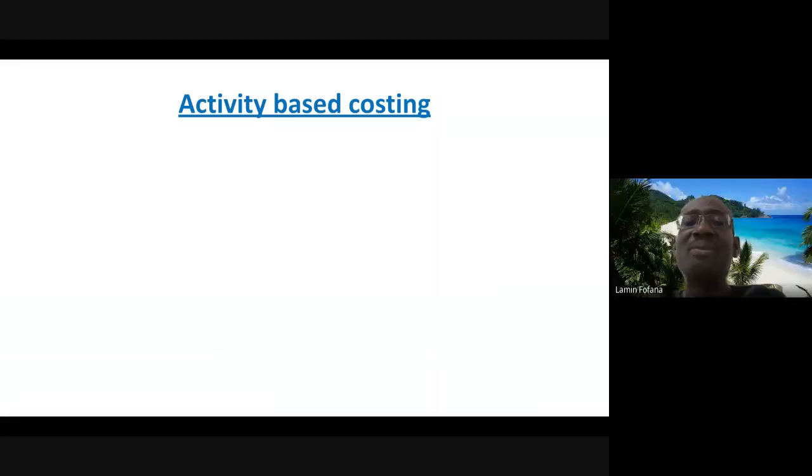Yes, Yusufa. We use the budgeted overhead divided by the budgeted level of activity, the budgeted labor hours, to calculate the OAR. Okay, good. And what is the budgeted labor hours? How do we call that? We call it the budgeted activity level.